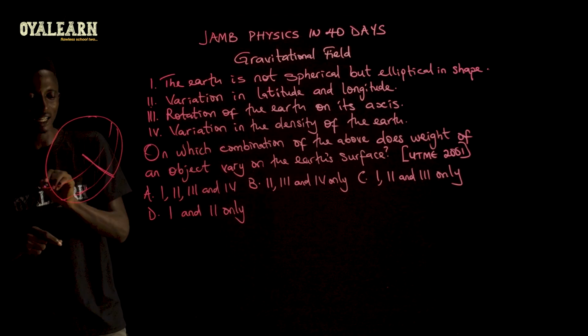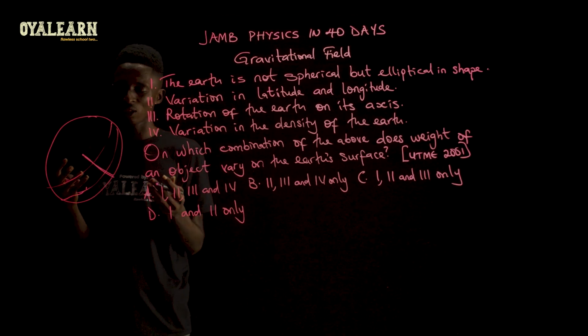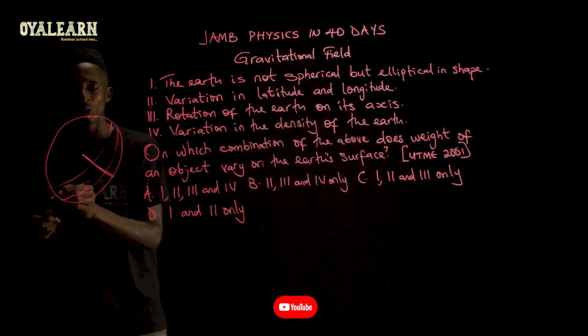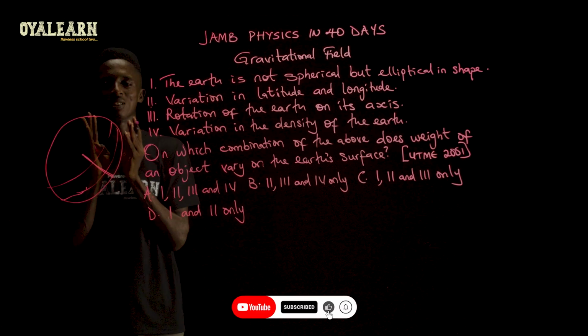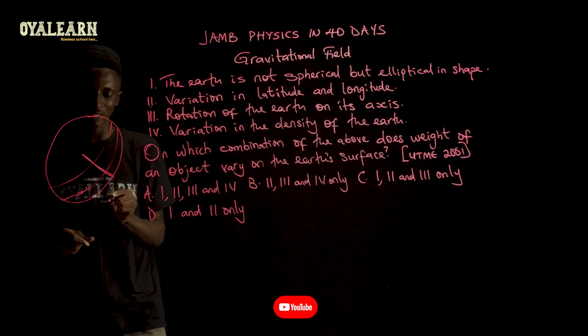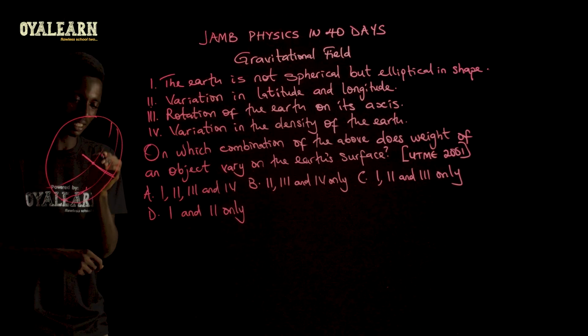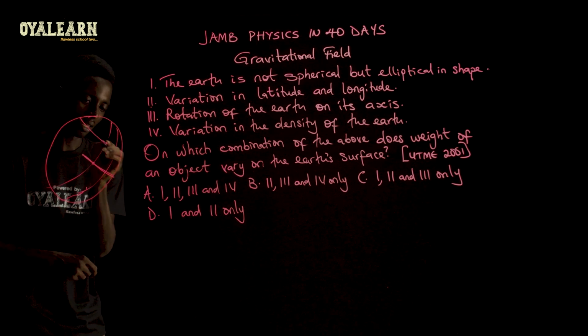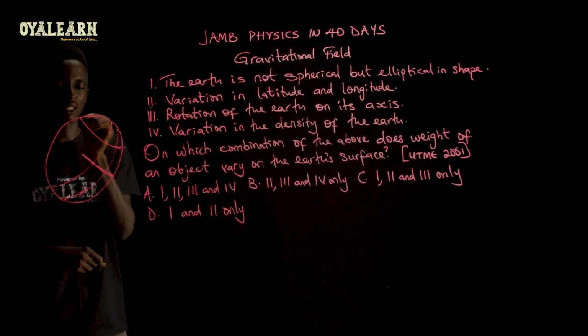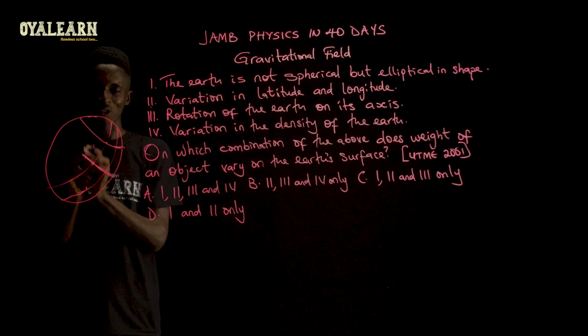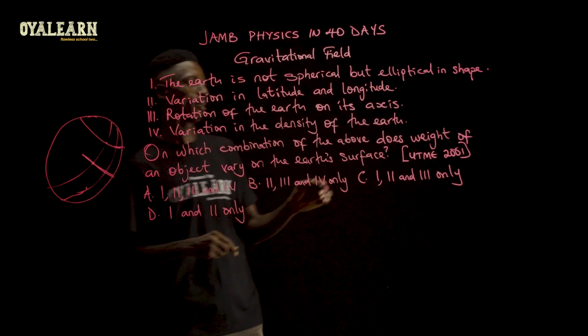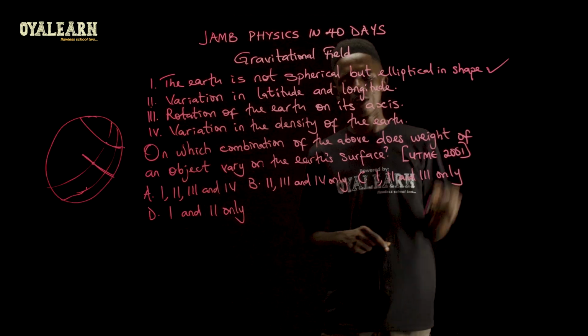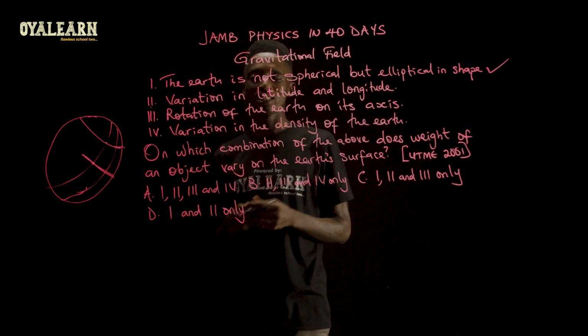In mathematics, they call them the great and small circles, where we have the equator and then the Greenwich meridian and then the longitude and latitude. So because of this, acceleration due to gravity is different at all the points on the Earth's surface. So that tells us that statement 1, yes, is one of the reasons why the weight of an object varies.